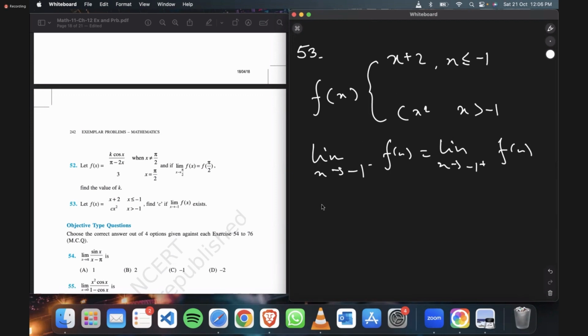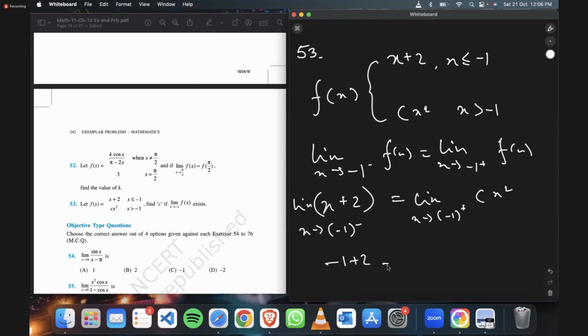So I have to put in this value here, x plus 2, where limit x tends to minus 1, slightly less. And in this part, my x is going to cross minus 1, and my f x value is what? c x square. Right? So simply putting in the values here, I'll have minus 1 plus 2 over here, and c over here. So c is equal to 1.